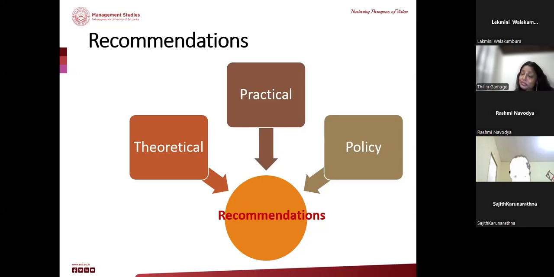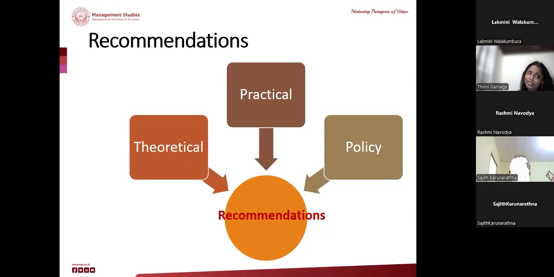And it's very important for the researchers when they make methodological choices in their studies. So that is the other type of recommendation that I didn't include in your slides. We were talking about theoretical, practical, and policy recommendations in detail.